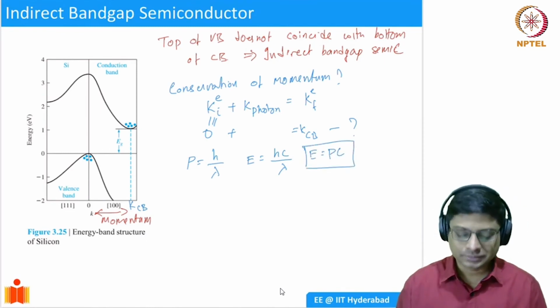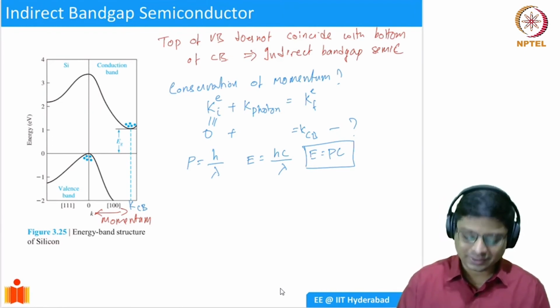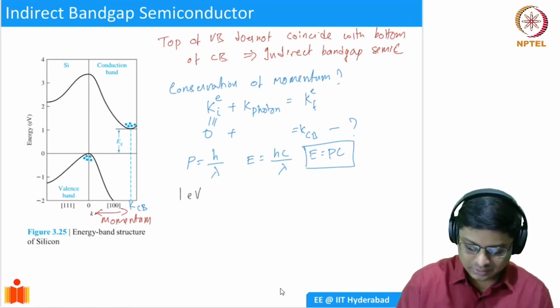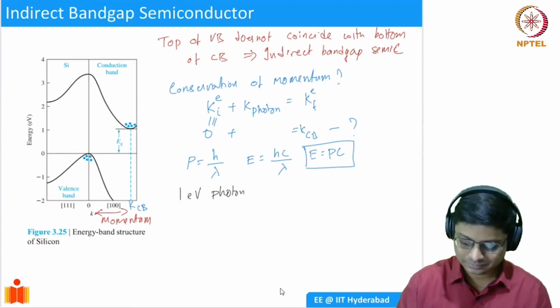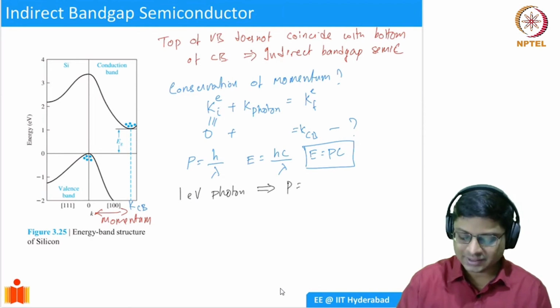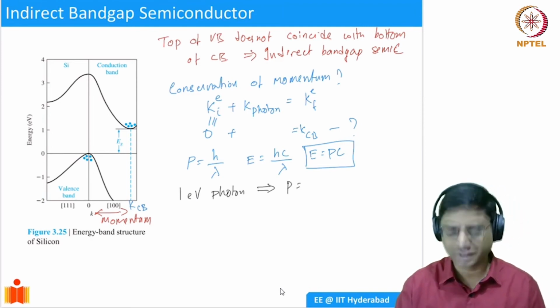So you could easily calculate this. For example, I'll take a 1 eV photon. What is its momentum? P equals 1 eV divided by c. But 1 eV I can't use directly; eV is just a convenient unit for us, not a physical unit.